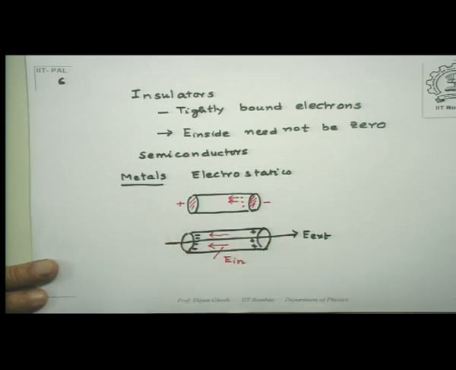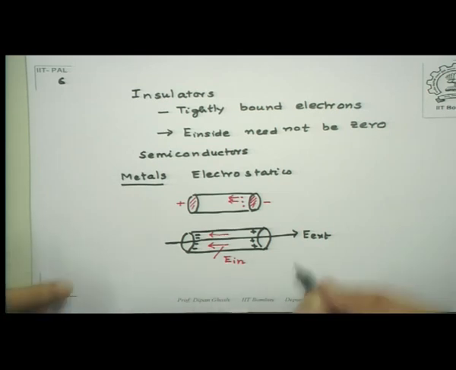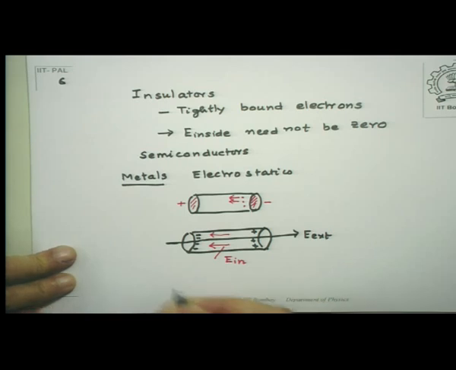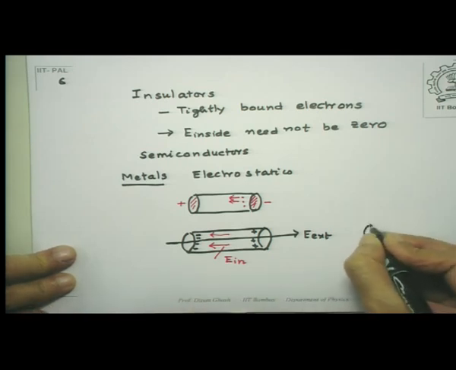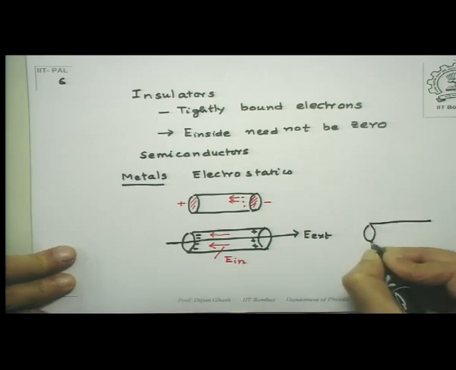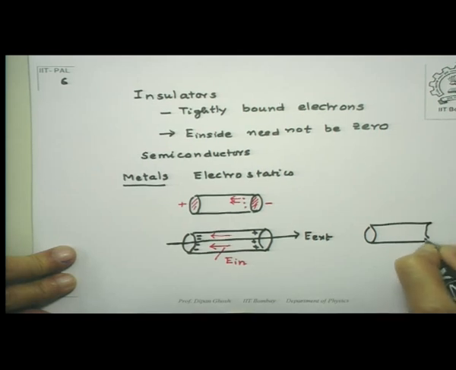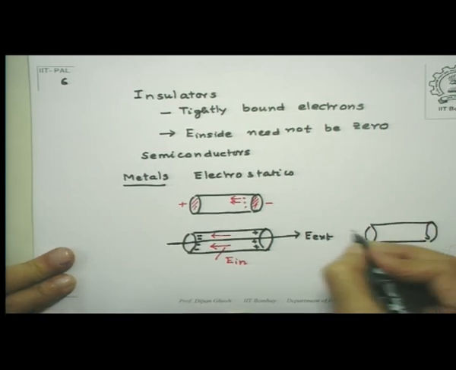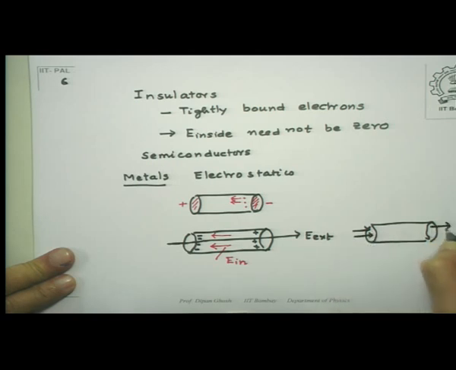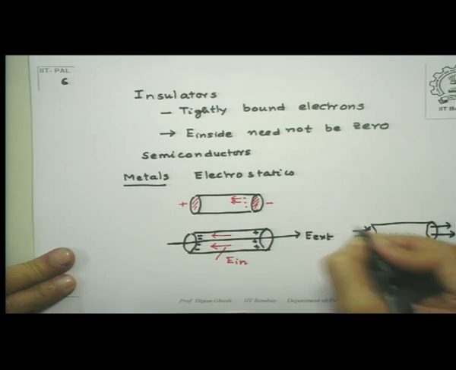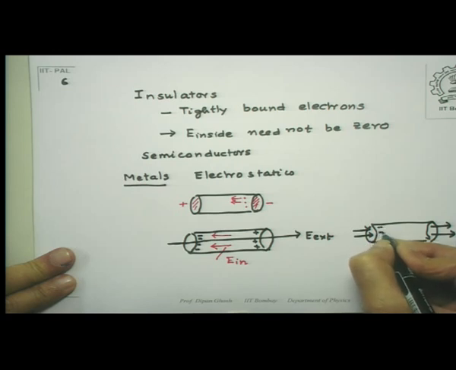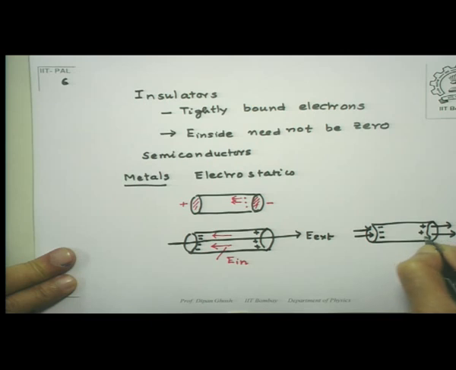Now, this is precisely what happens, and the picture that emerges is like this: a conductor in an external electric field, the field lines are like this, no field inside. I have negative charges here, positive charges there, and this is my E external.